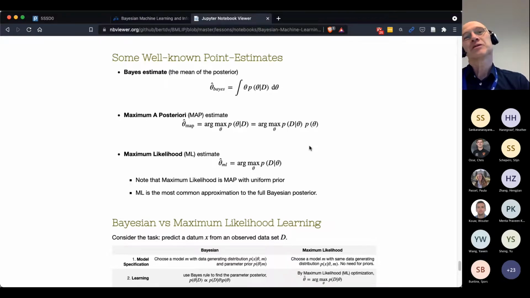So also the Bayesian posterior, in a sense, goes over to a point estimate. But then you need lots and lots of data. The good thing about Bayesian machine learning is it always works. It works also if you do not have a lot of data. You can also do Bayesian machine learning with one data point or two or three.